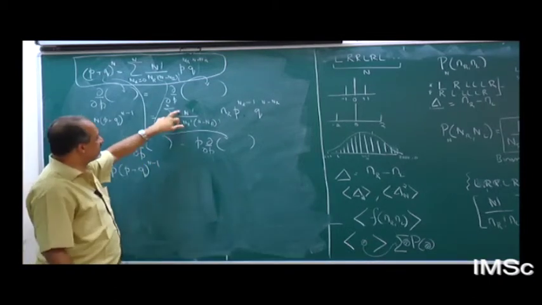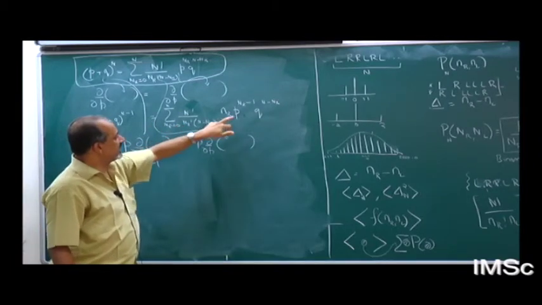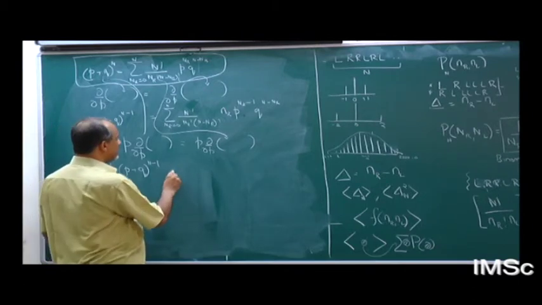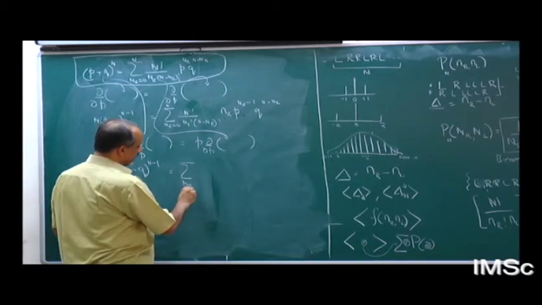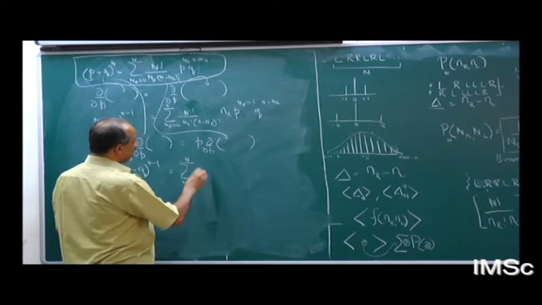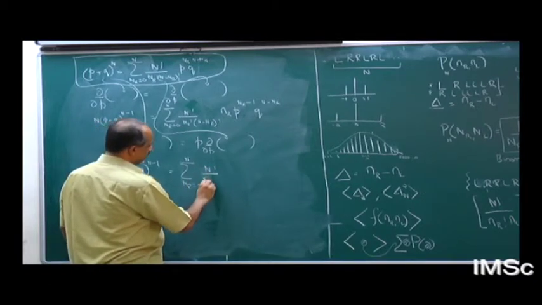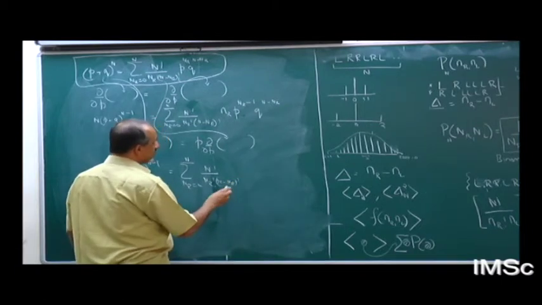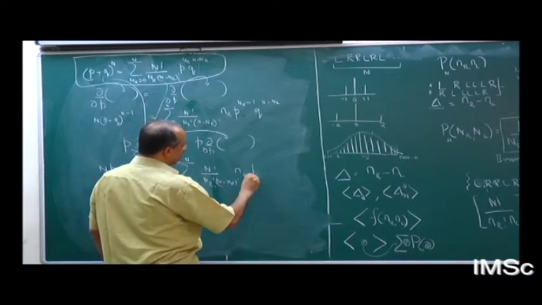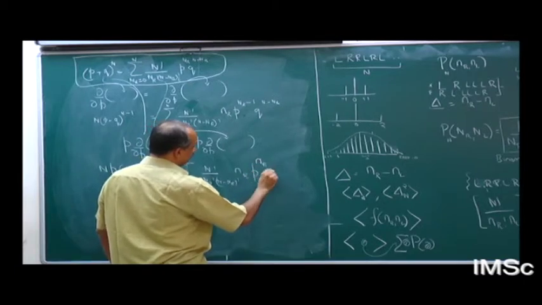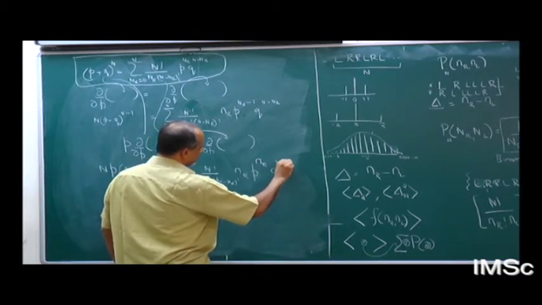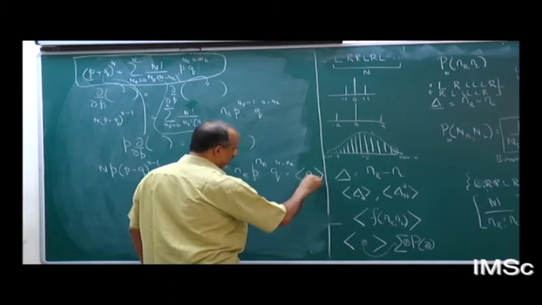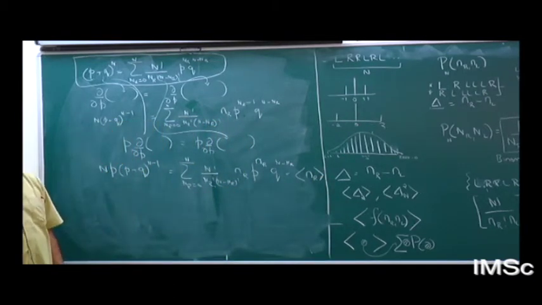On the right hand side, I have the sum over nr equal to 0 right up to n of n factorial by nr factorial n minus nr factorial, nr, p to the power nr, q to the power n minus nr. And this object is just the average value of nr by definition.